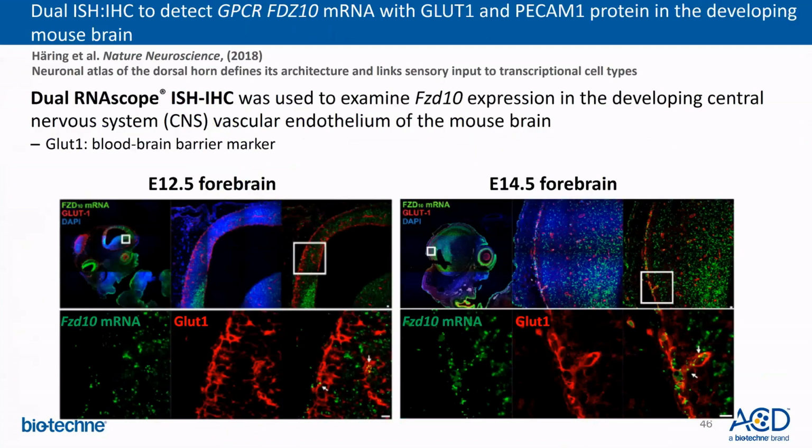The authors looked at mid-gestation embryos, which were day 12.5 and 14.5 old. The FDZ10 mRNA is shown in green, and the GLUT1 protein is shown in red.